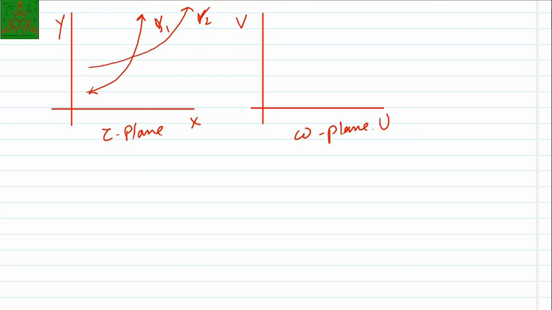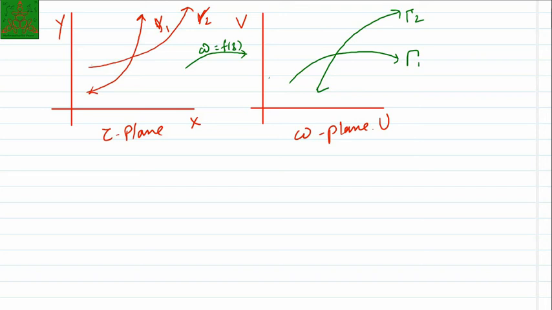The images of these curves under the transformation w equals f of z are capital gamma 1 and capital gamma 2.